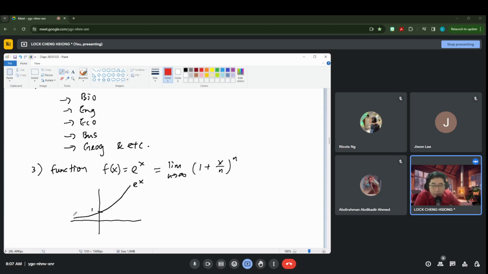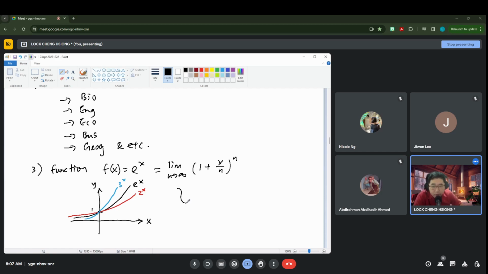If we compare with different bases, if it's 2 to the power of x, it will be flatter. If it's 3 to the power of x, it will be steeper. Therefore E is a number in between 2 and 3. As a comparison, you can see which one is flatter and which one is steeper, but all of them pass through 1.